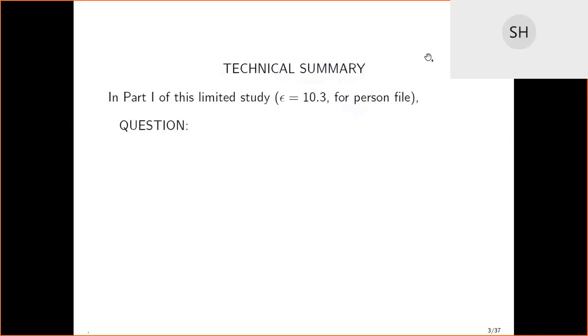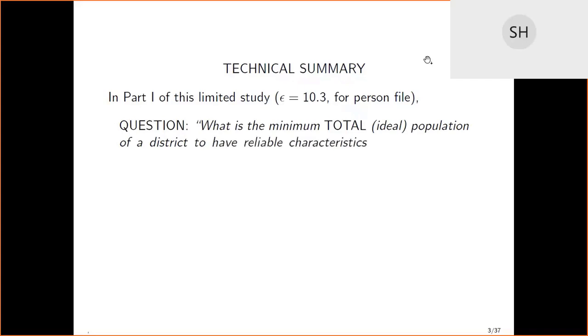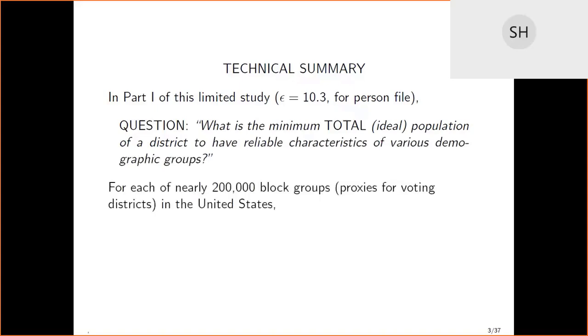The question we look at in part one is, what is the minimum total ideal population of a district, and we're thinking voting district, to have reliable characteristics of various demographic groups within that voting district? As James mentioned, we looked at nearly 200,000 block groups across the entire country, and we're using these as proxies for voting districts.